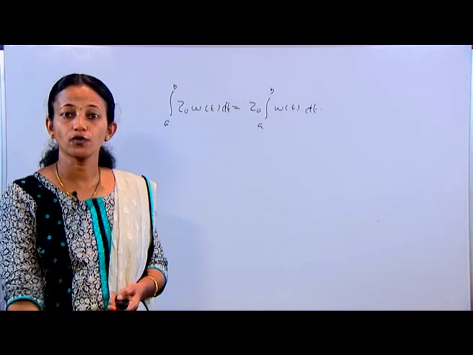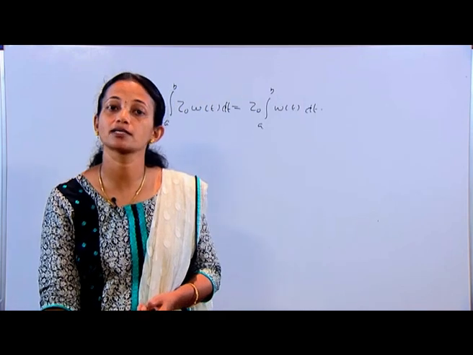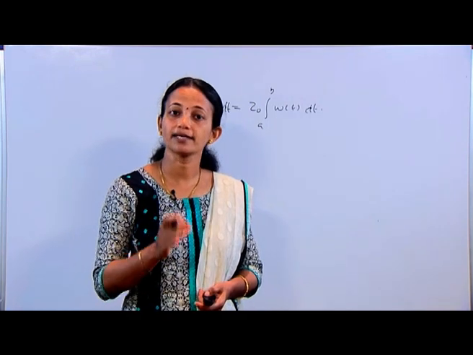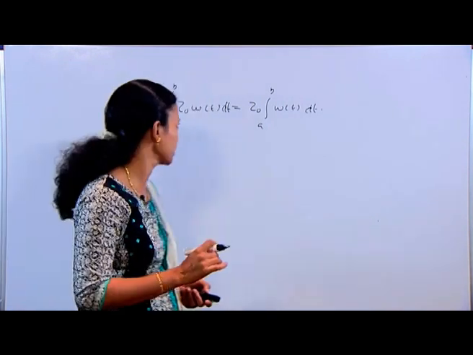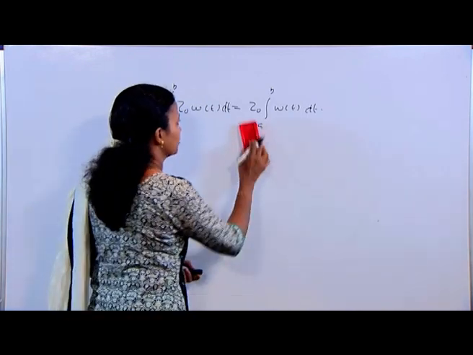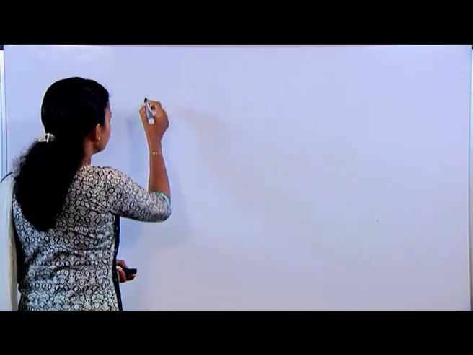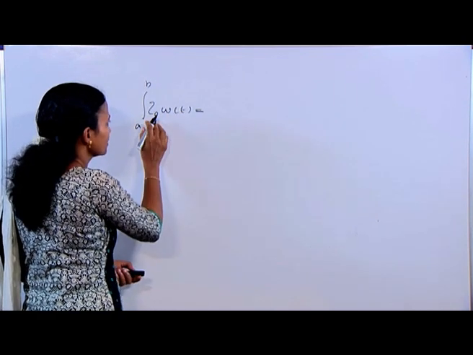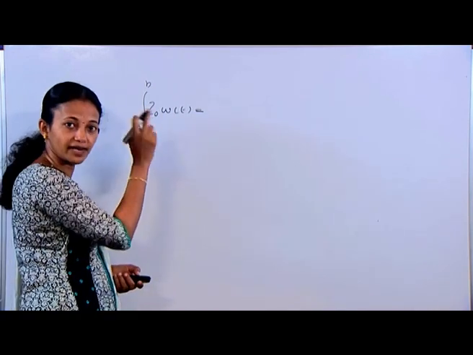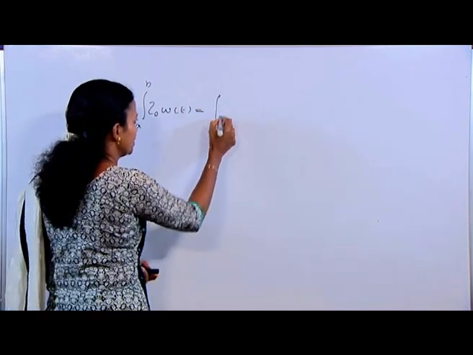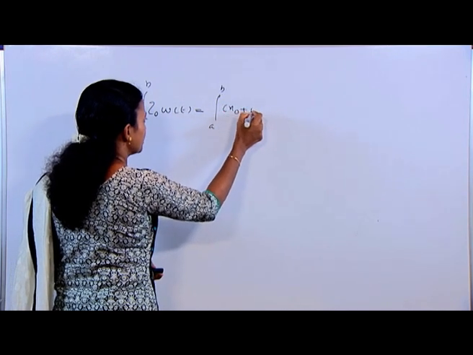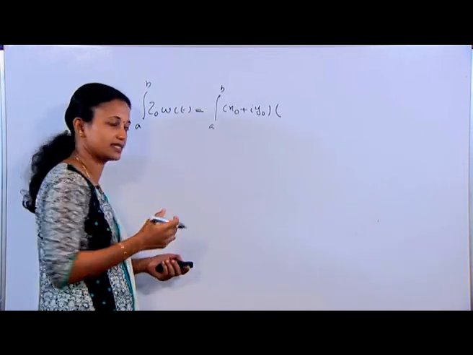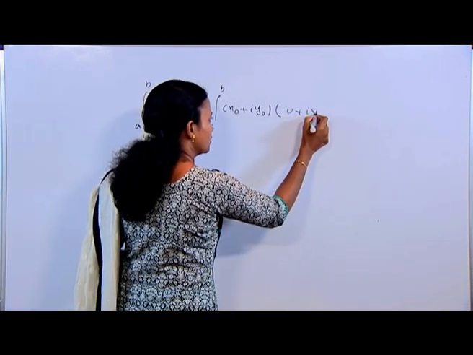We have the proof. For each complex constant z naught equal to x naught plus i y naught, and w of t equal to u of t plus i v of t, we have the integral from a to b of z naught w of t dt. I can write x naught plus i y naught instead of z naught, that is the integral from a to b of (x naught plus i y naught) into, instead of w of t, (u plus i v) dt.